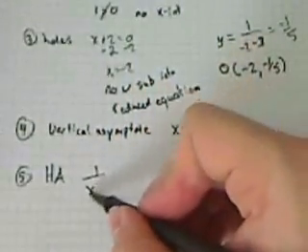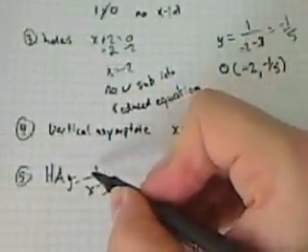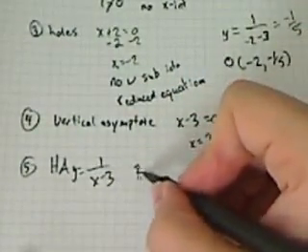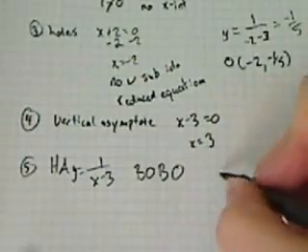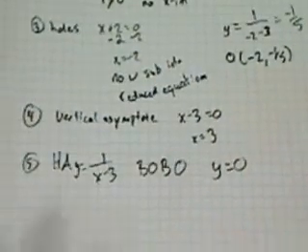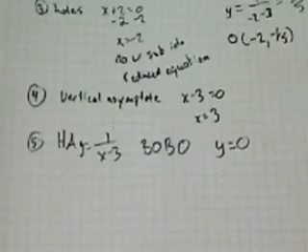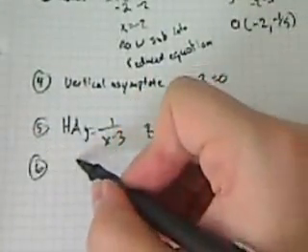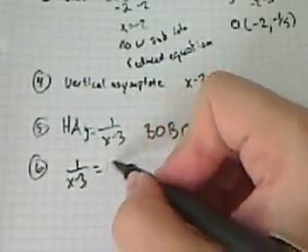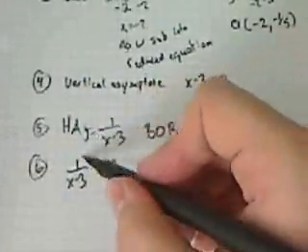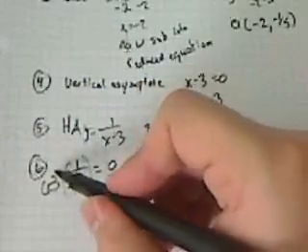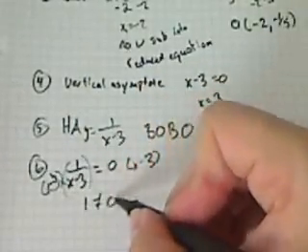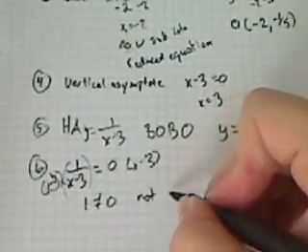So when we have 1 over x minus 3, we have a bigger degree on the bottom, which tells us, by BOBO, it would be y equals 0. The last thing we need to do: will the equation equal 0? Will it cross the asymptote? Absolutely not. And we can prove that because 1 does not equal 0, so it will not cross.